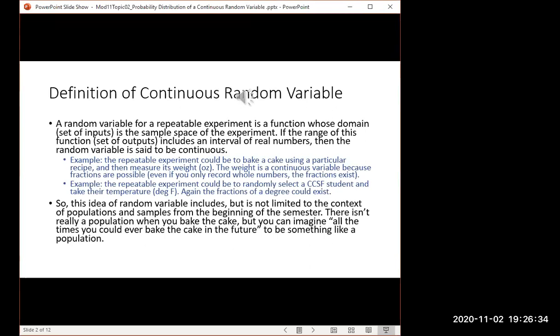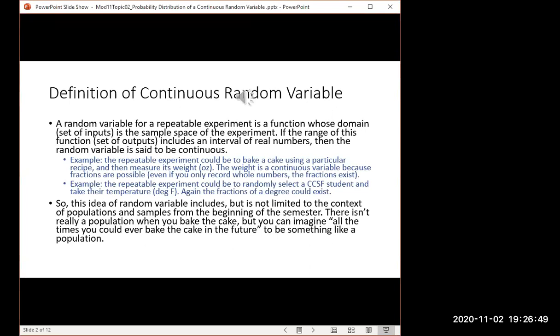The definition of continuous random variable is already partly familiar to you, but the definition I'm giving here generalizes what you already know a little bit.